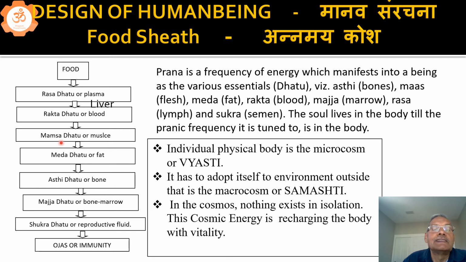The fat decides how much heat energy we have. And from fat, asthi, or bones, are formed, and inside the bone there is marrow. So up to the bone marrow, everything comes right from the rasa or plasma extracted from the food.